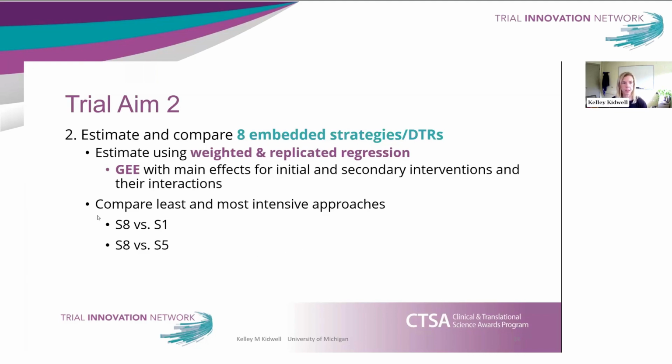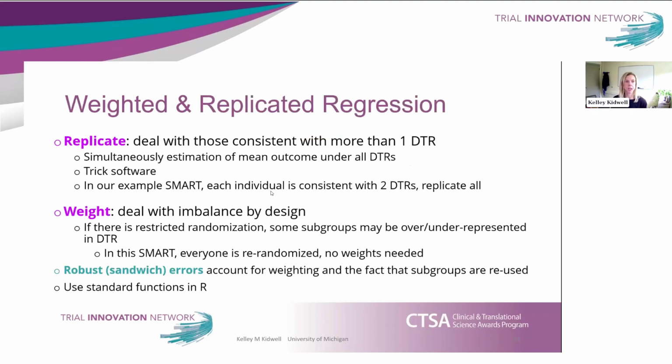I'll show you that model in a second. They were specifically interested in comparing the most intensive versus the least intensive approaches. So those S8 and S1 refer back to that initial table I showed you of their strategies.